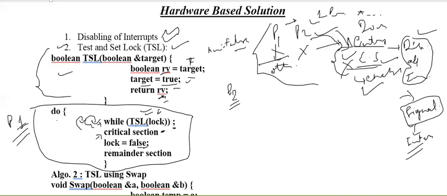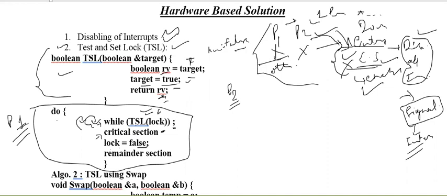Once lock is false, one process will get a chance for execution. I hope you got the concept of how TSL works, and how by using simply the basic TSL lock functioning we can ensure mutual exclusion in the system.